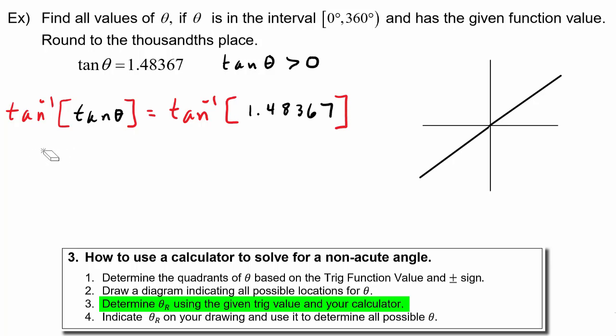Tangent inverse is the function that undoes the tangent function. So on the left-hand side, we will have theta. On the right-hand side, we're going to have to use our TI-30 calculators.